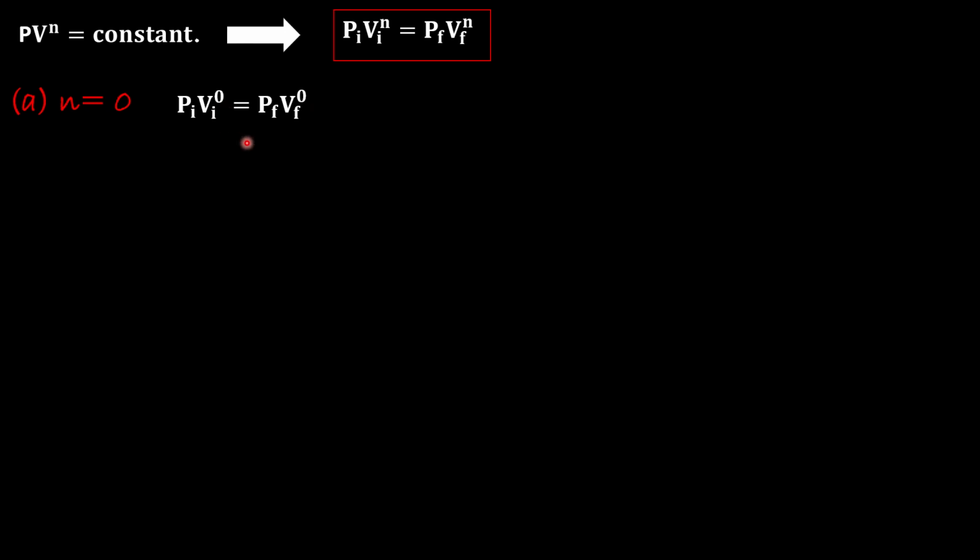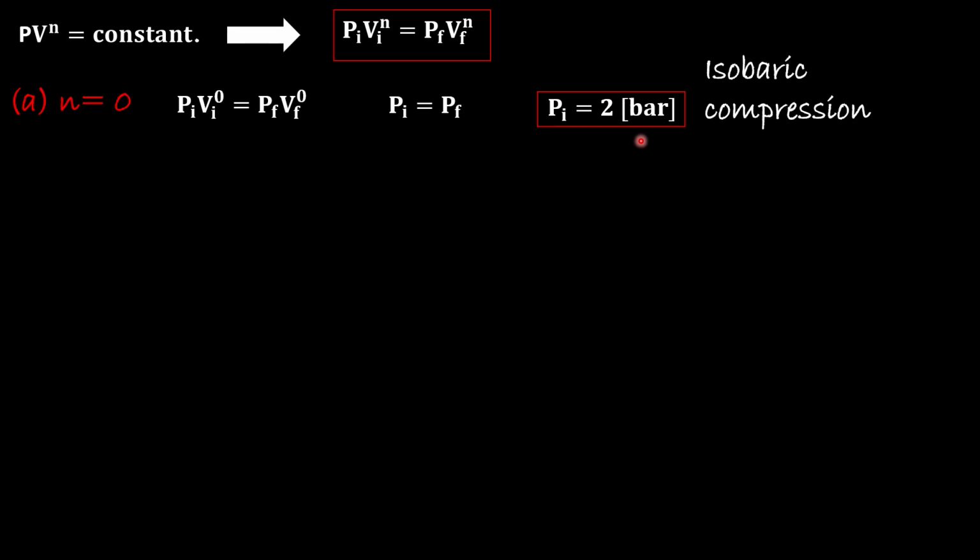Anything to the power 0 is 1. So that will give you pressure initial equal to pressure final. So that tells us that pressure initial is 2 bar. So this is called an isobaric compression process. It means it has a constant pressure.